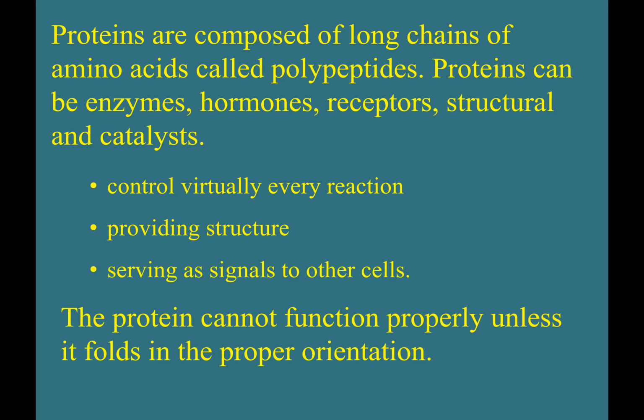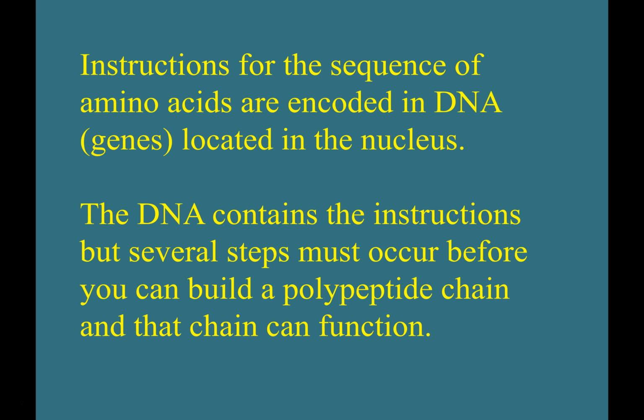They're structural, like we said, and they can act as signaling molecules in the form of hormones. Again, they cannot do anything. They are, in essence, useless until they fold. So the instructions to make a polypeptide chain are in the DNA, and those specialized regions are called genes. And the DNA is the instructions.